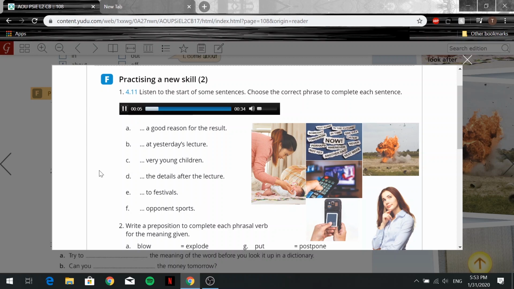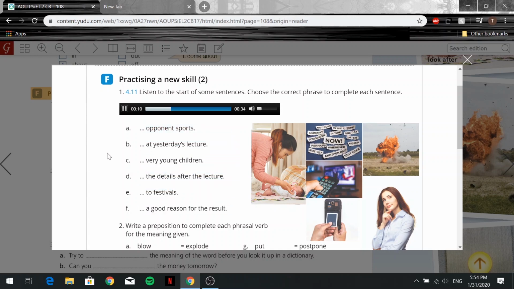A. First, we're going to look at opponent sports.